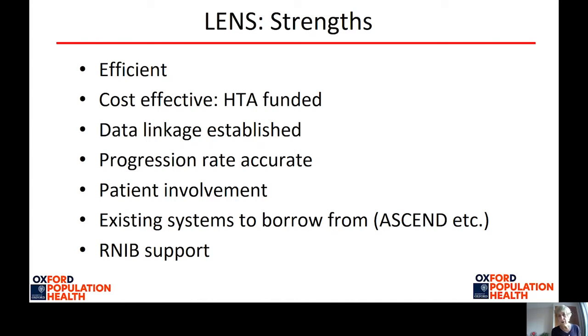It means that the progression rate is well measured, and the patients have been involved in the design and planning of the study, and it's got the support of the RNIB. So it's a highly cost-effective trial being run to very high standards, and the hope is that if the Fenofibrate clearly is reducing the retinopathy, then the data will be submitted for consideration of a change in the label.